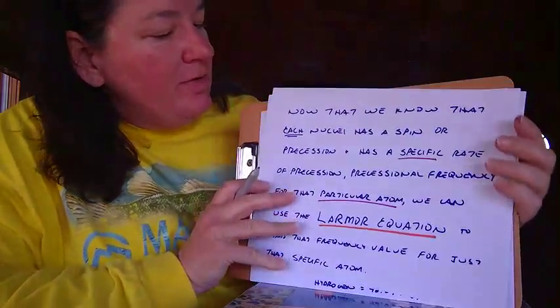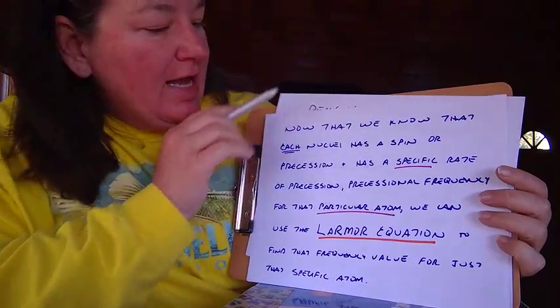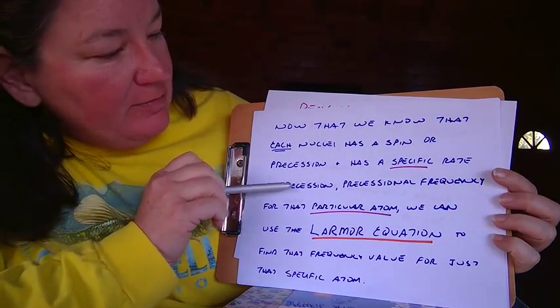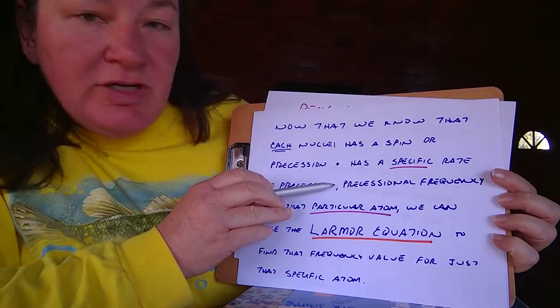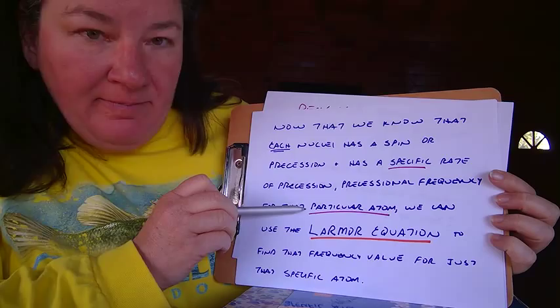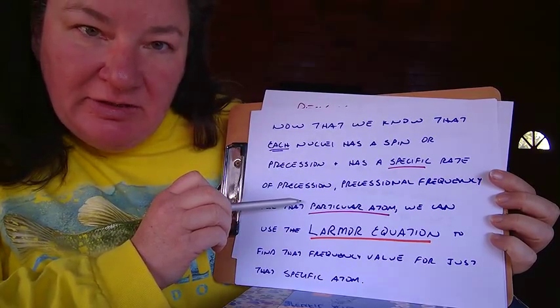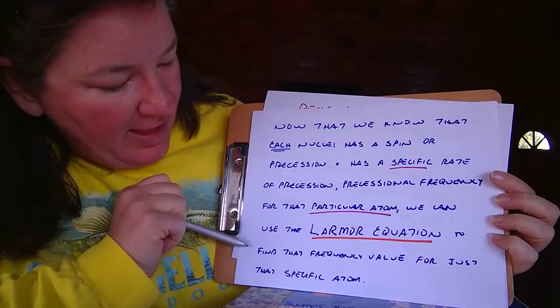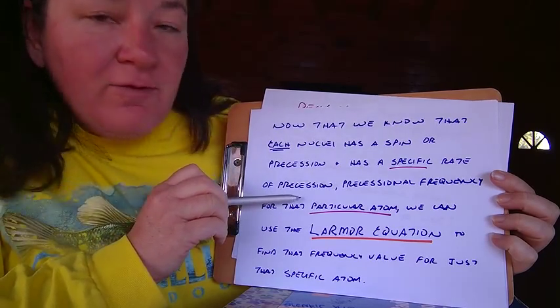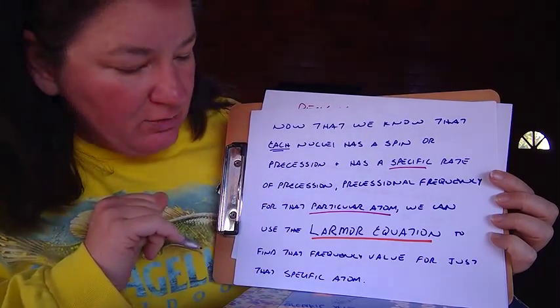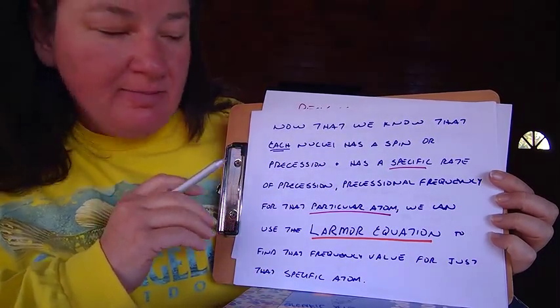Well, since we know that each nuclei has its own spin or precessional frequency, we know the rate of the spins for that particular atom. We can pick out that particular atom using the Larmor equation, and that finds the particular frequency that each atom has, because every one has its own.